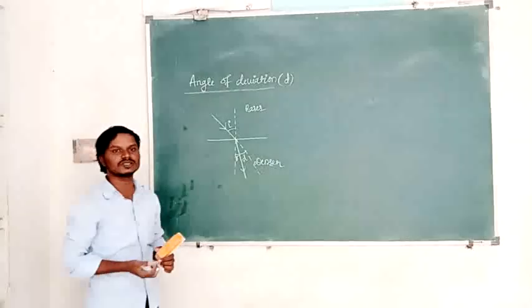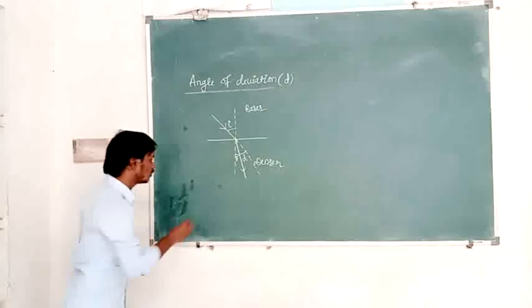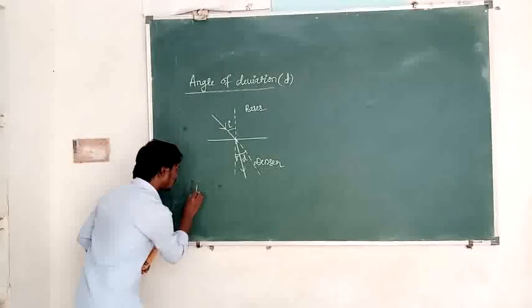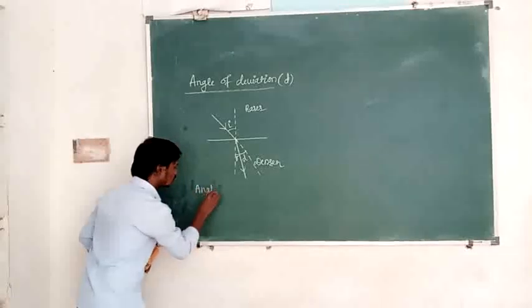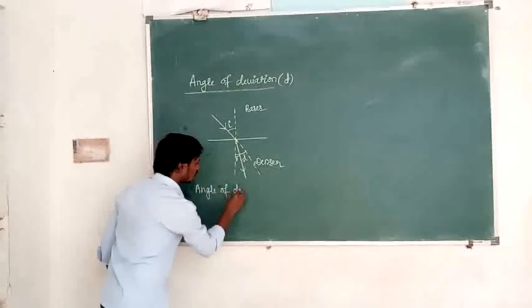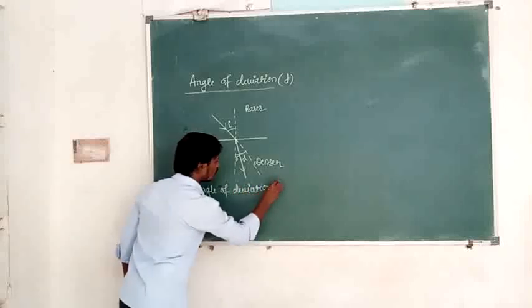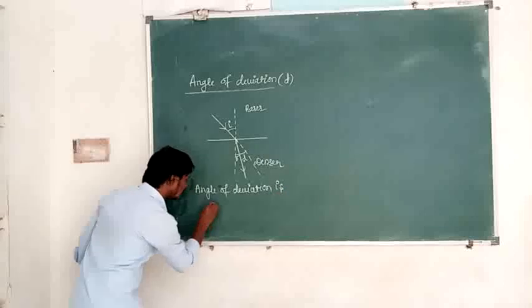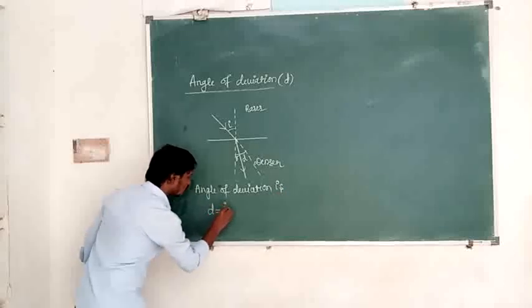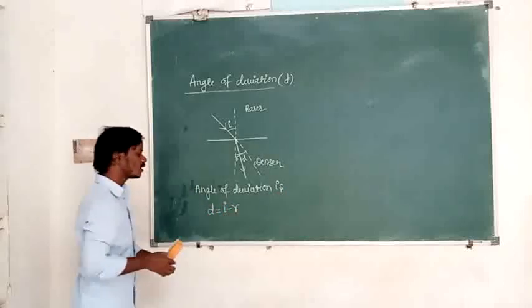Then what is the expression for the angle of deviation? The angle of deviation D is equal to I minus R. So why is it I minus R here?